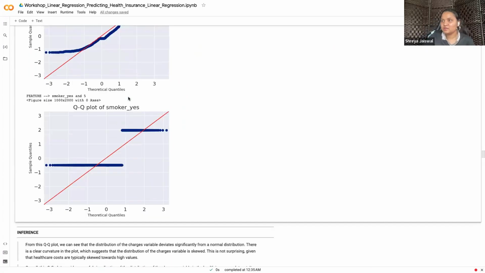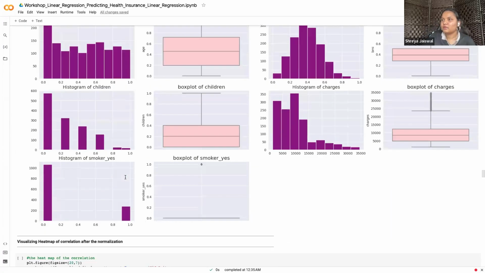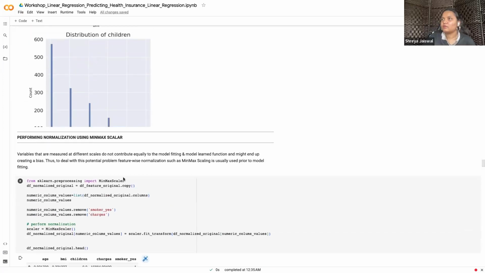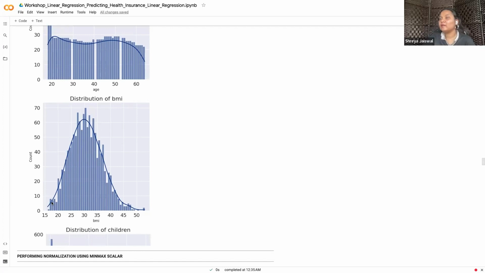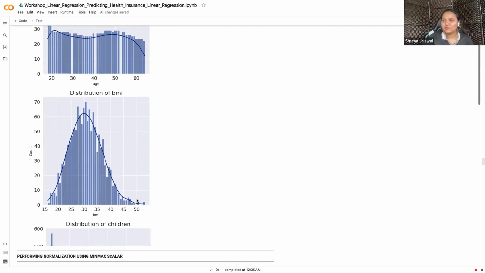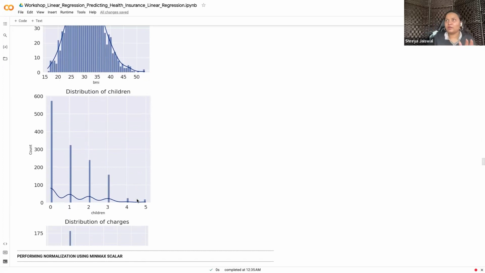So let's see if it does. Yeah, as we can see, the distribution of our BMI does look normally distributed. So that's how we can compare how our data should be for the QQ plot.